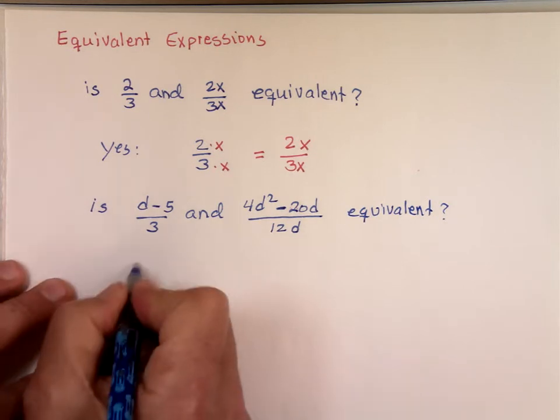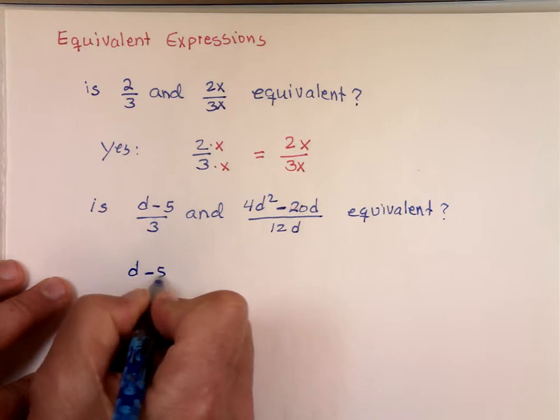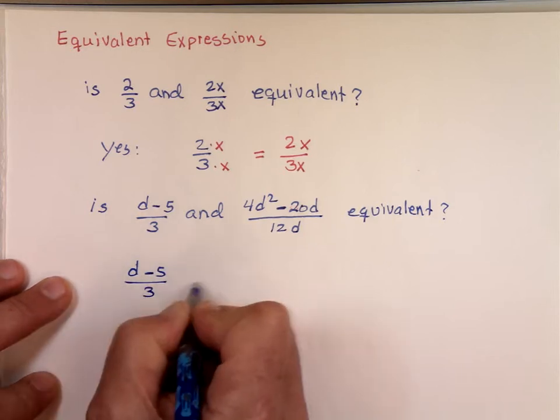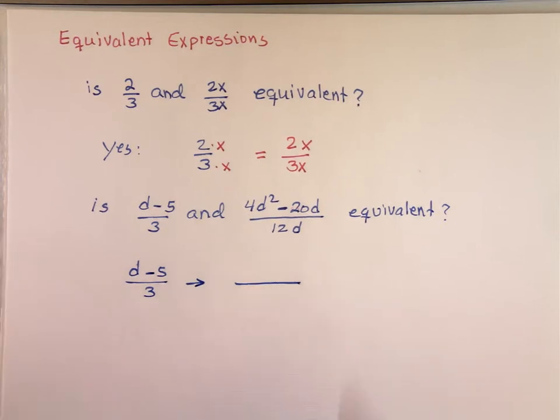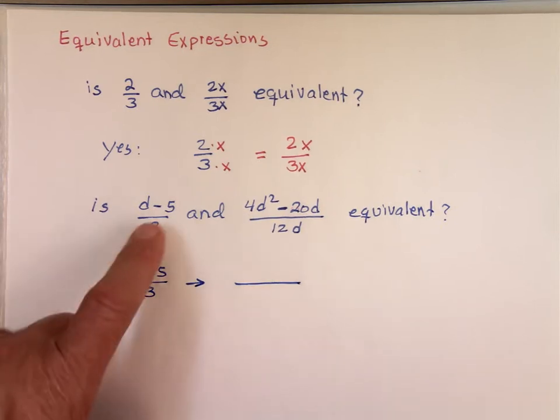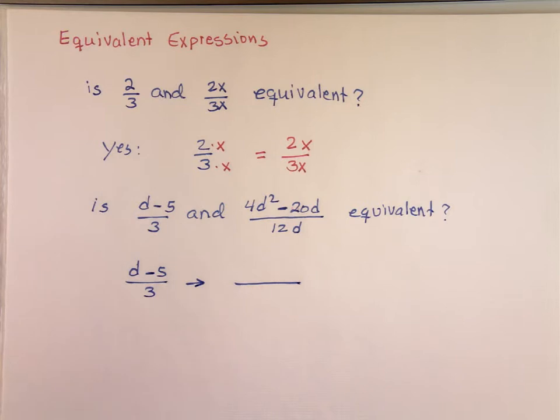So here is the first one. The question is, how am I going to change this to make it look like this? Well, let's look at the bottom. That's an easier one. How do we turn the 3 to 12d? How do we make a 3 12d?